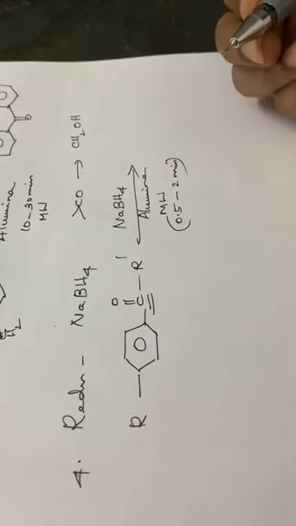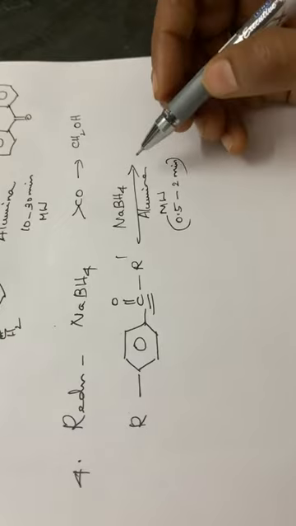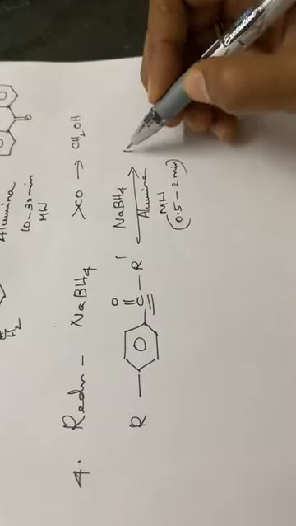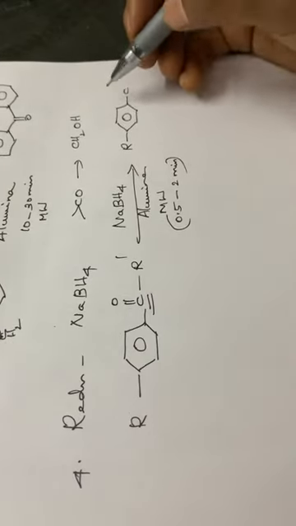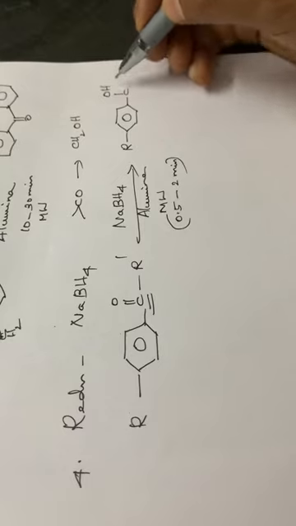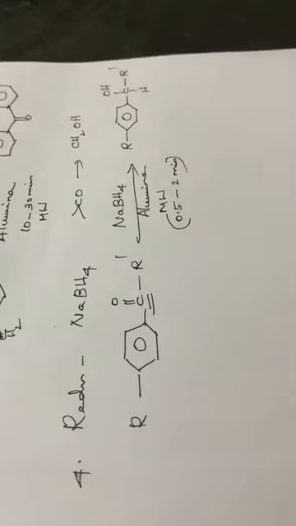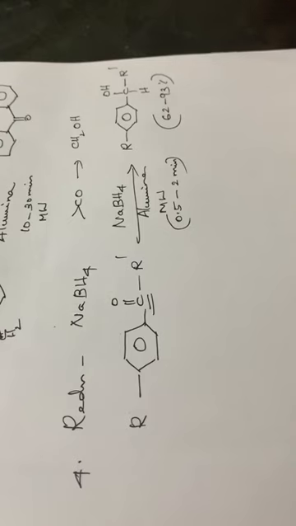Within that fraction of a second itself, the reaction will be completed, and the product will be, see, the CO group is converted to CHOH: R C6H5, then C, here OH, then R dash, H. The product yield will be about 62 to 93%.